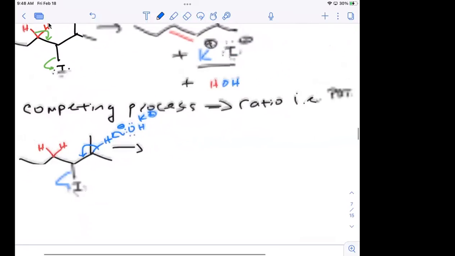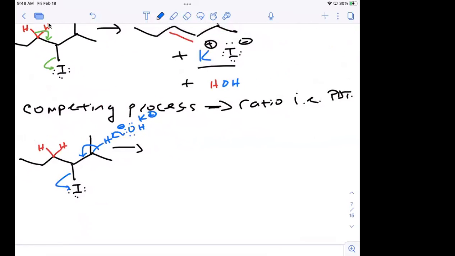Right, so on the other side of this, I'll just steal it because it's the same stuff. I'm going to get KI, right? I'm going to get water.